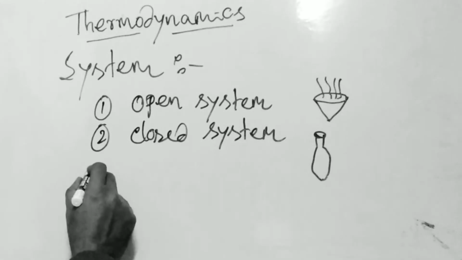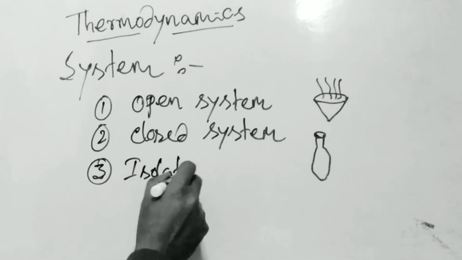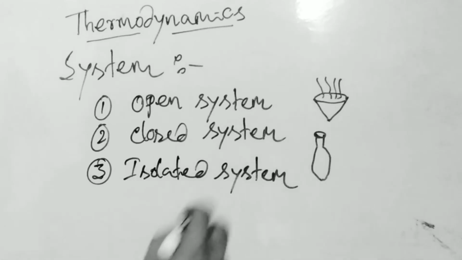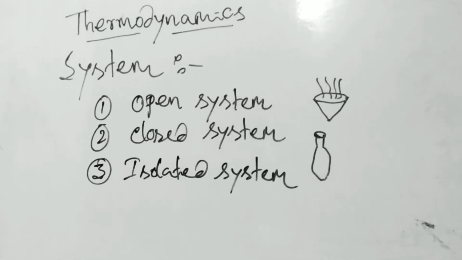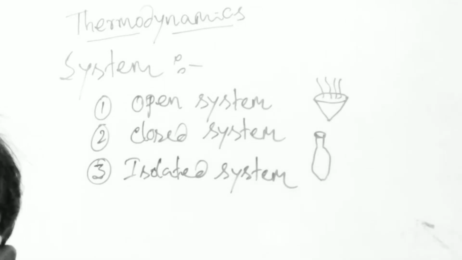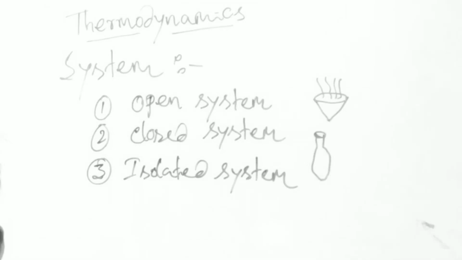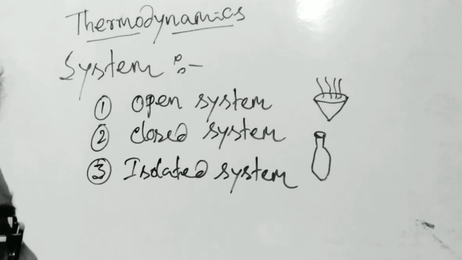Number three is isolated system. Now in an isolated system, neither mass nor energy is exchangeable with the surroundings. If some hot water is kept in a thermoflask, then that remains hot for some time. That means energy is not exchangeable with the surroundings and mass, of course, is not exchangeable.